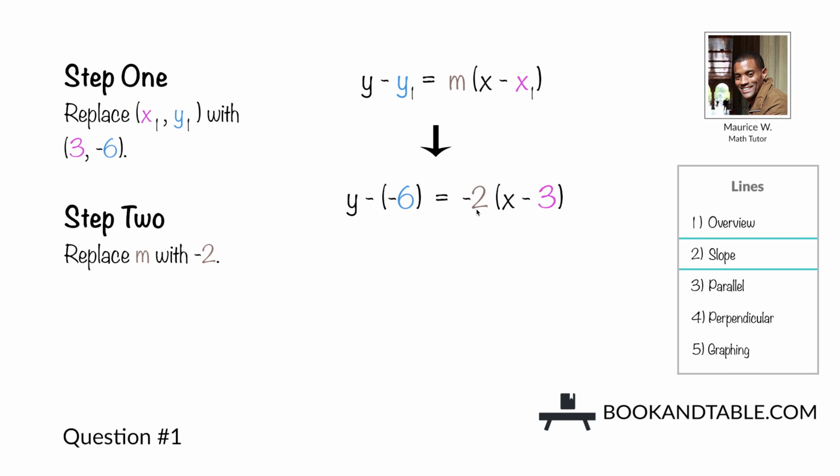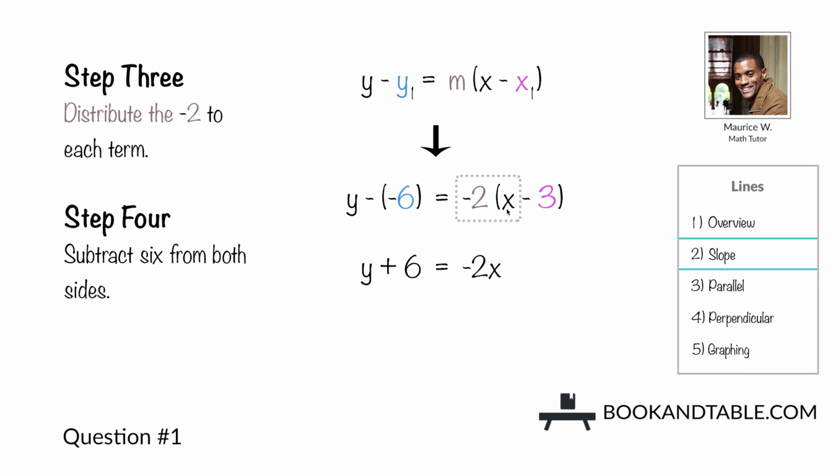And now we want to distribute this negative 2 to each of these two terms. So we wind up with y plus 6, minus a negative turns it into plus. y plus 6 is equal to negative 2 times x is negative 2x. Negative 2 times negative 3 is positive 6. So we have y plus 6 is equal to negative 2x plus 6.